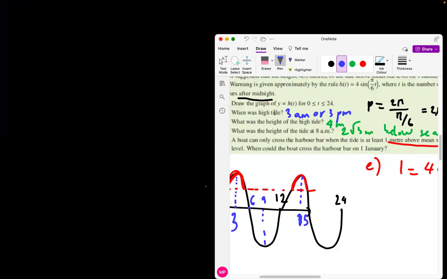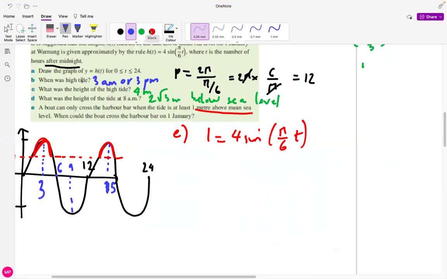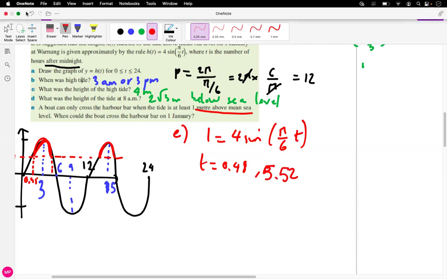So what do I have? We have t equals 0.48, which is right here. That's 0.48. And then you have t equals 5.52, which is here. Okay. Then there are two more solutions.